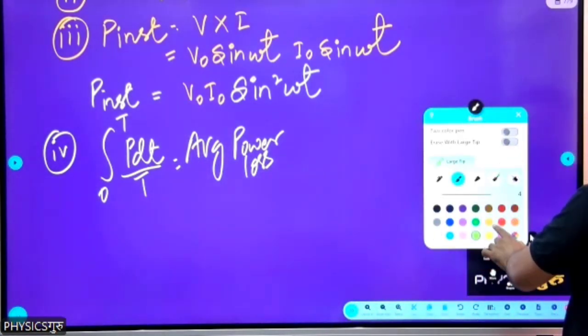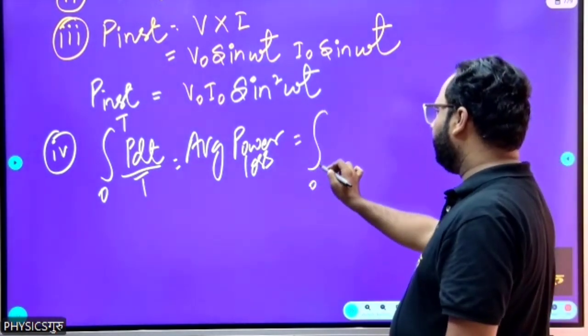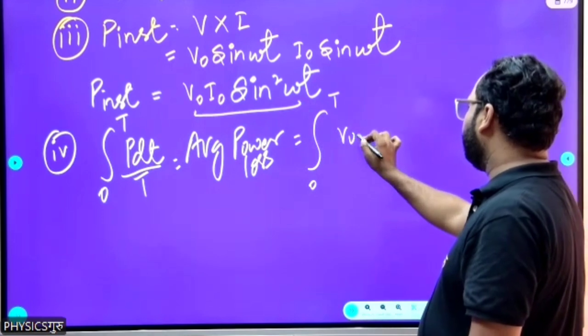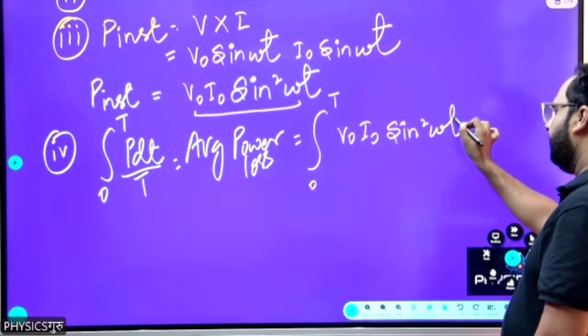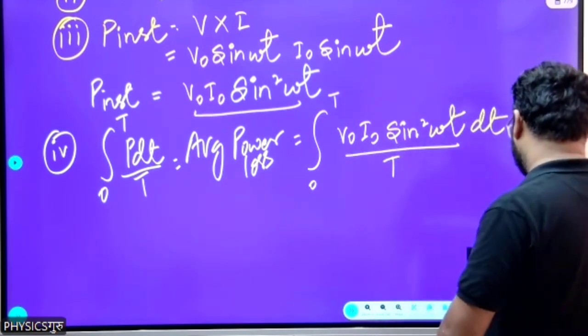We'll follow the basic rule for integration. So integration from 0 to T of V naught I naught sine square omega t dt upon capital T.